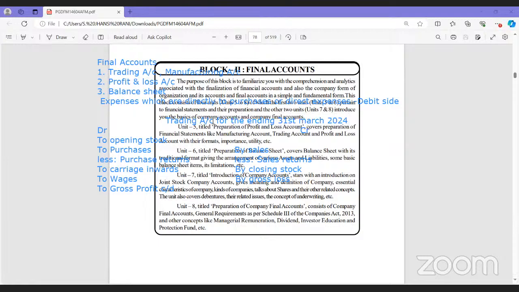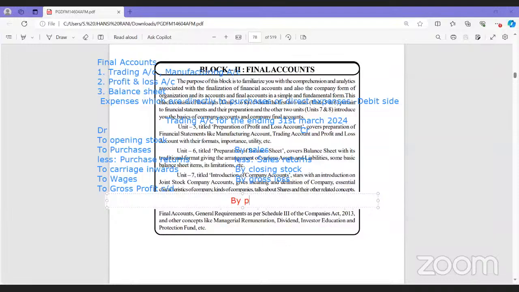So here itself we write trading account and profit and loss account. Here the heading itself we write, trading account and profit and loss account. And in continuation to this account only we will draw here on the credit side, that is, by gross profit brought down, which means we will bring the gross profit to the profit and loss account.